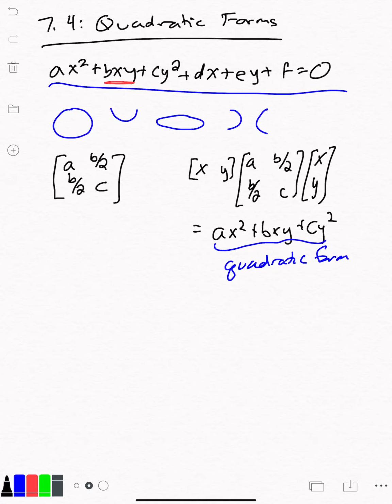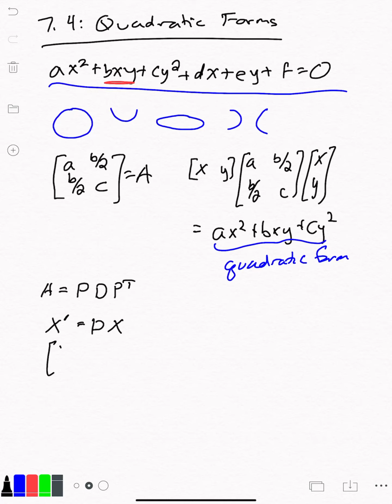And so, okay, what are we going to do with this matrix? It turns out that if you let this be A, and you find the orthogonal diagonalization for A, PDP transpose. Remember, with the orthogonal diagonalization, P inverse is the same as P transpose here. If you do that, and you change your variables, I'm going to call the new variable x prime, and the new variable x prime is equal to P times x.